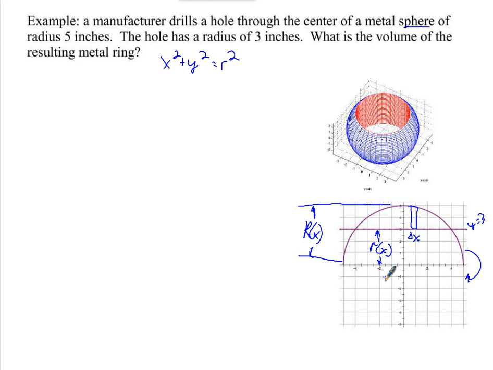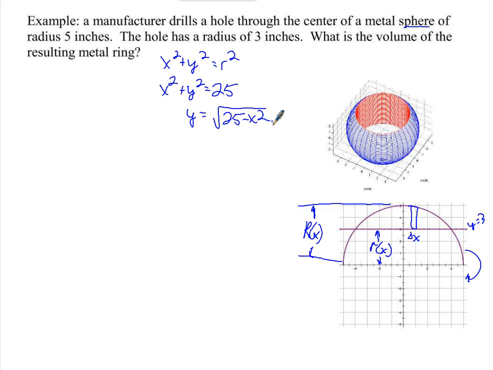What is r? By r, I mean the radius of our circle here. It is 5. So this r squared right here is actually 25. So now I have x squared plus y squared equals 25. Solve for y. So we subtract x squared from both sides, and then we take the square root, and we have y equals, technically plus or minus the square root of 25 minus x squared.